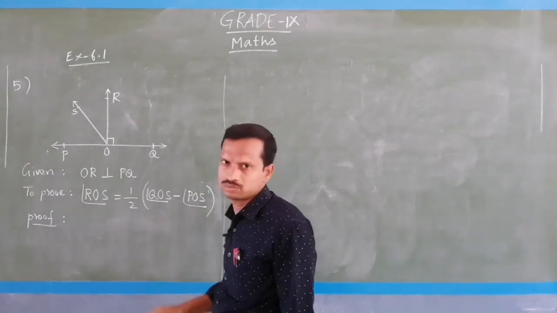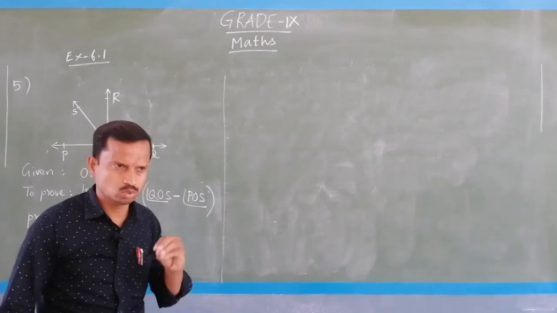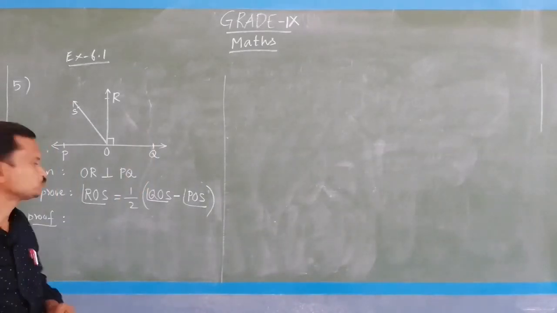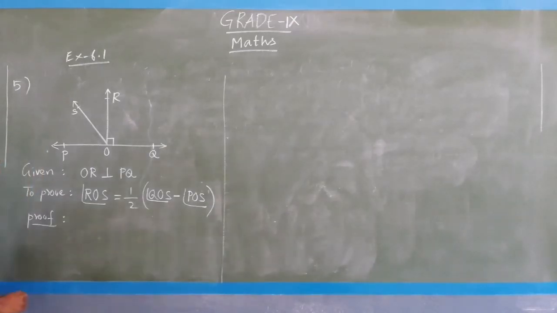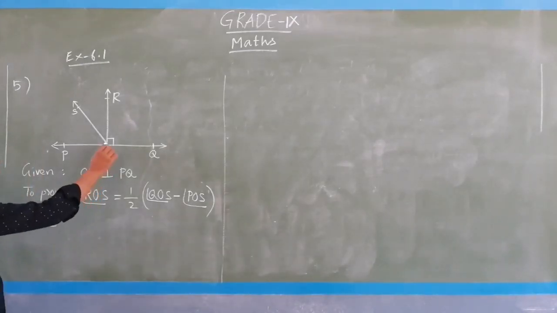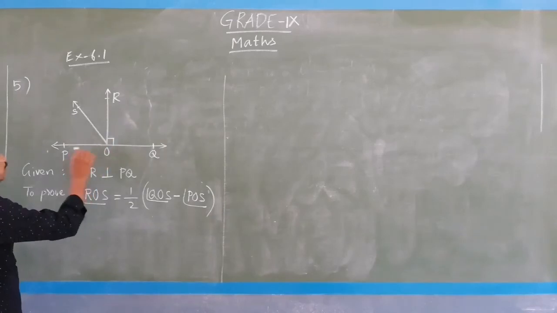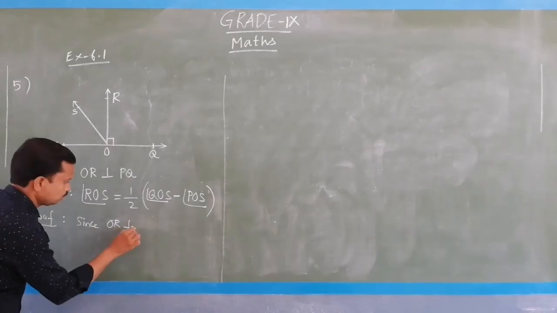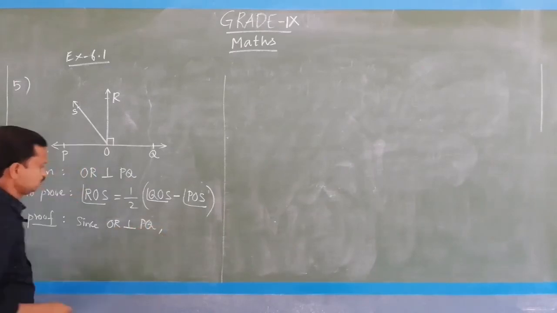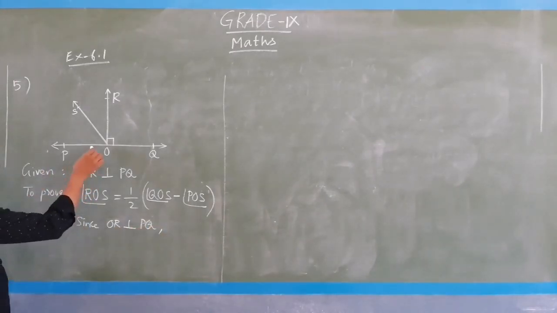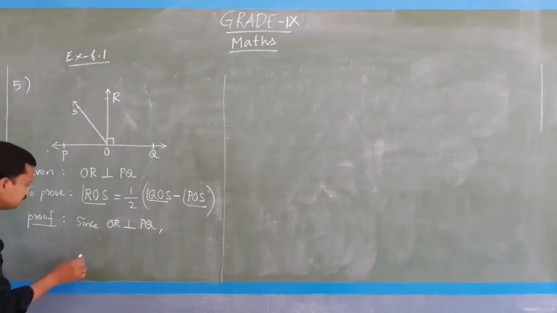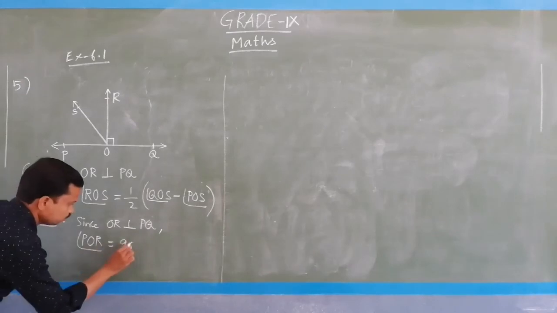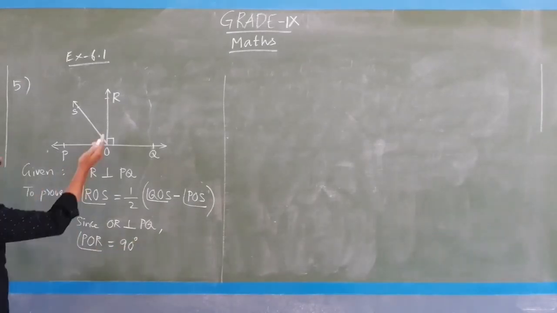This somewhat you cannot understand easily, but listen carefully to the way I am telling. First of all, the proof. OR is perpendicular to PQ. Since OR is perpendicular to PQ, we can have angle POR equal to 90 degree, because on either side this is also 90, this is also 90.